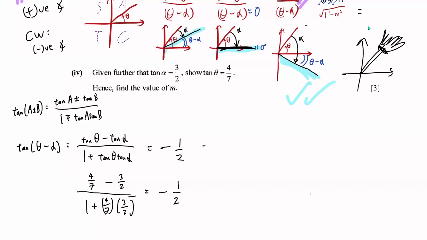I get number equal number. Sorry, you're supposed to show that tangent theta equals 4/7. You didn't know it's 4/7 yet. So this should remain as tangent theta first. Is that okay?